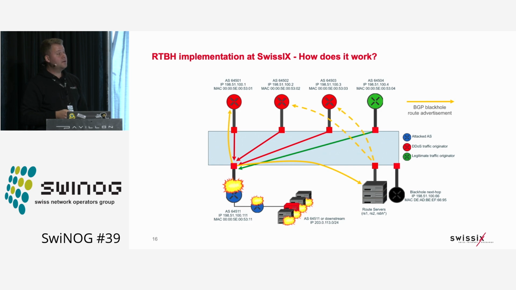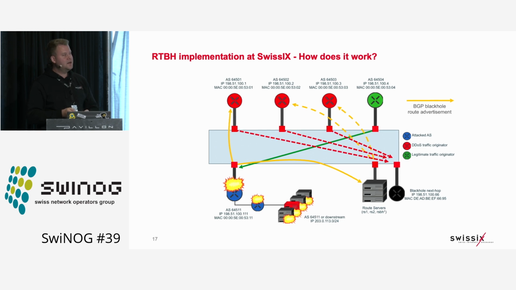This will therefore lead to the situation that the routers trying to route data towards this specific IP, which is under attack, now no longer see the next hop of the actual owner, which is on the bottom left in blue, but the routers which are carrying bad traffic towards that IP range are now trying to send the data towards the blackhole IP, because that has been rewritten by the route servers.